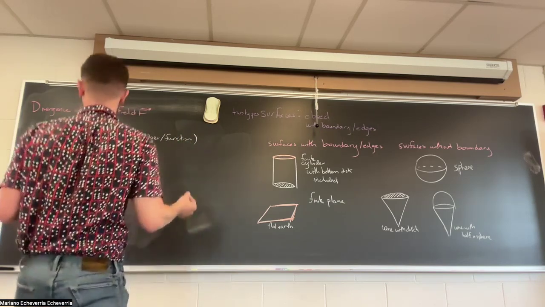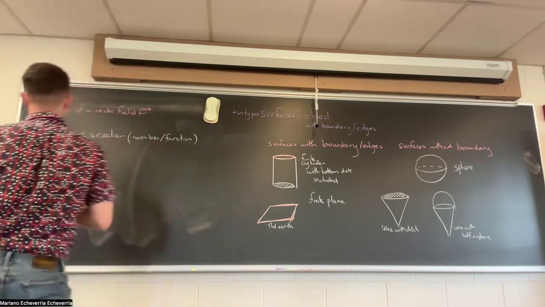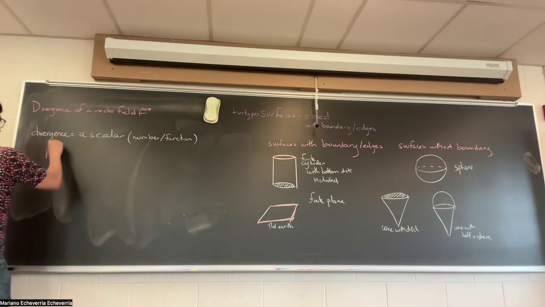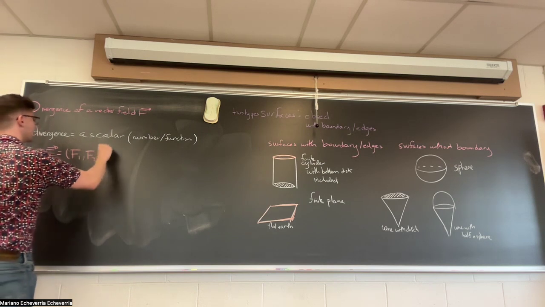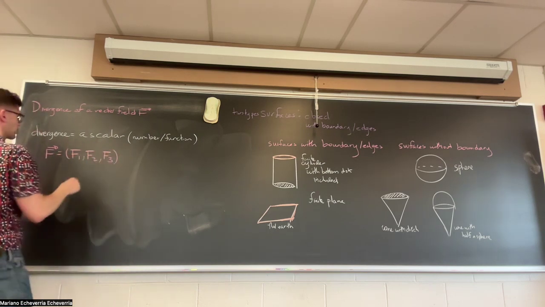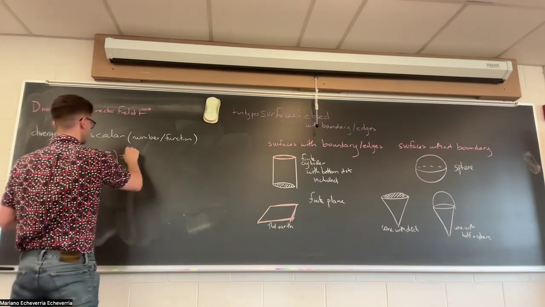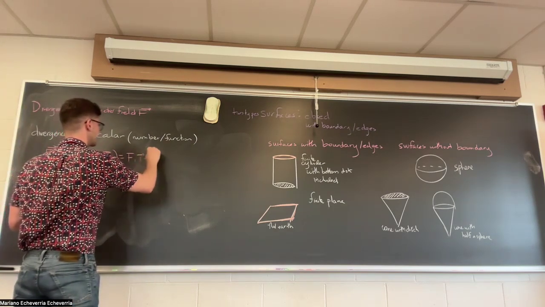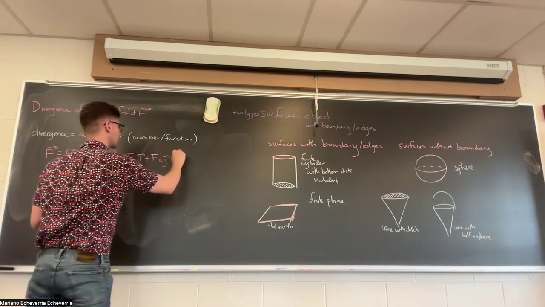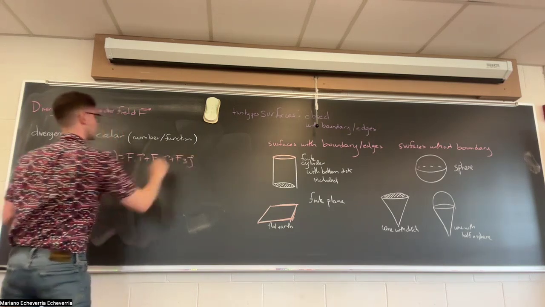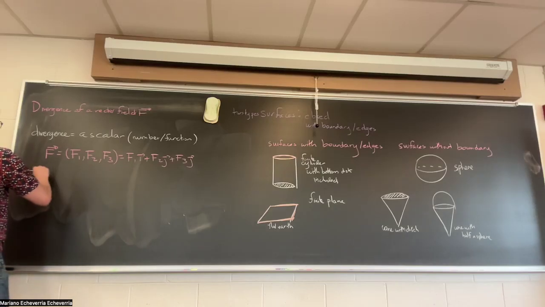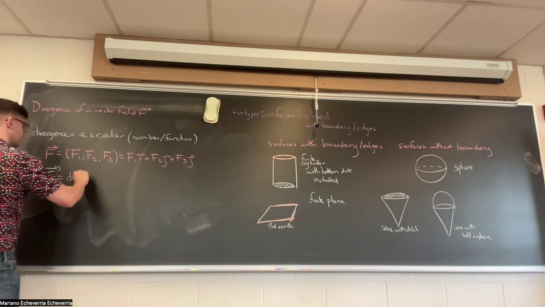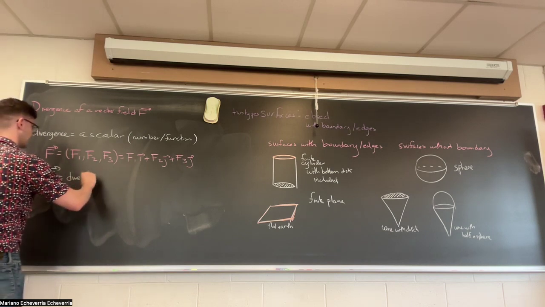It will not have entries. That's what I'm trying to say. If you have a vector f, being a vector, it has entries. I'm calling the entries f1, f2, f3: the first entry, the second entry, the third entry. And the divergence of f is what we'll write like this.